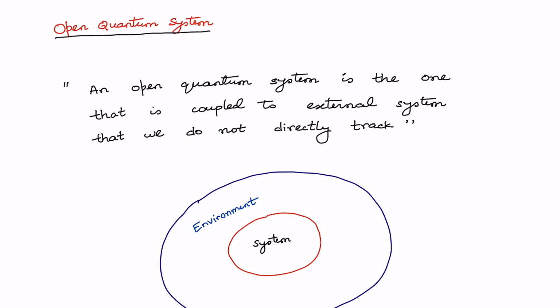This environment is also sometimes termed a reservoir in the quantum optics language, and mostly the term reservoir is used. In fact I am going to represent the reservoir by the symbol capital R and the system by the symbol capital S, and the total system consists of the environment and the system. That means the reservoir plus the system.